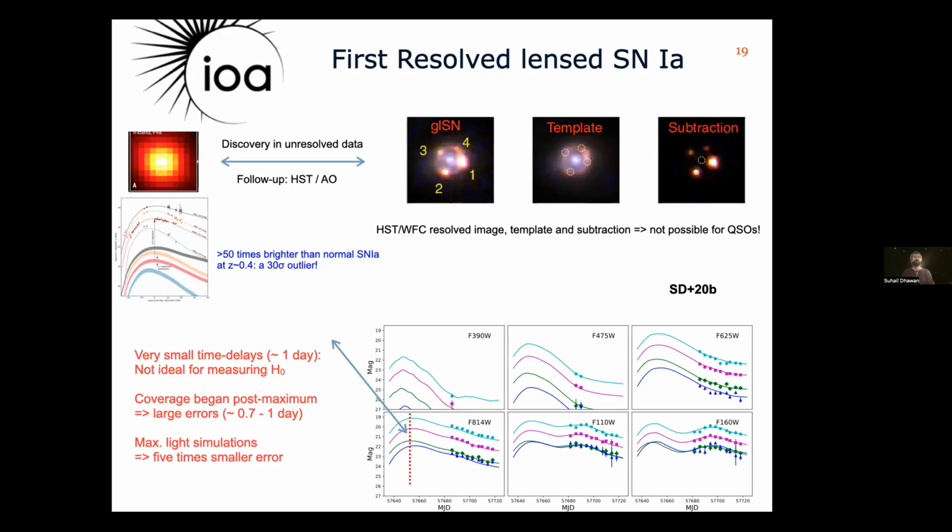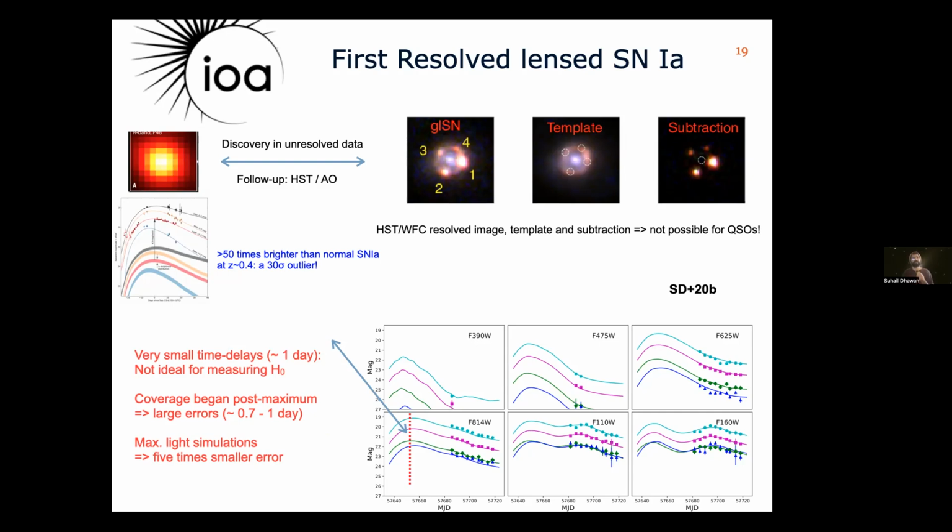So we were part of the team that discovered and followed up the first resolved lens type Ia supernova. What is very exciting, and what I'm trying to show here with the image on the left-hand side, is that the discovery survey, which was the intermediate Palomar Transient Factory, ZTF's predecessor survey on the same telescope, has a very poor resolution.